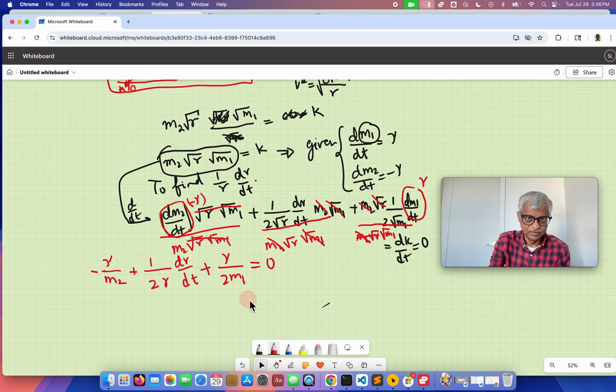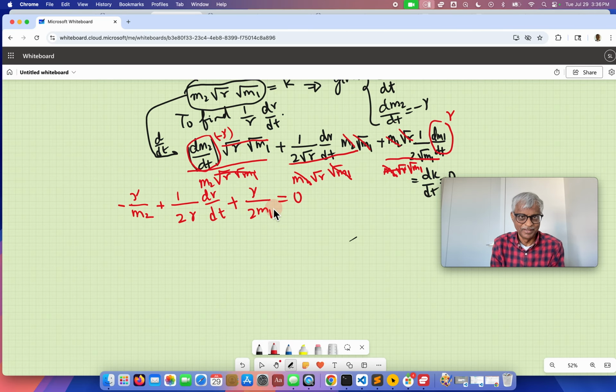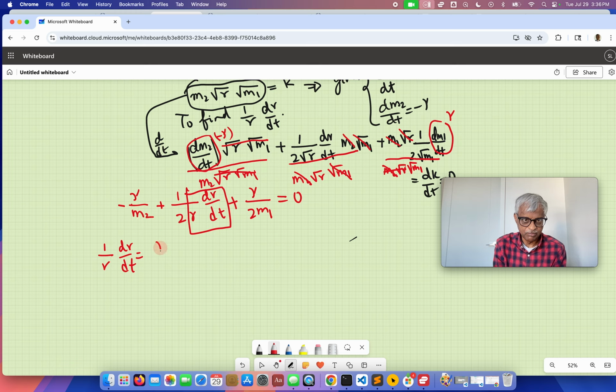Now, of course, over here is what I want. Let's separate it out: 1 over r dr/dt, what we want. So this gamma over m2 goes over there, and minus gamma over 2m1 comes here. At this point, you can see if one of these terms is actually much bigger, because we don't want both m1 and m2.